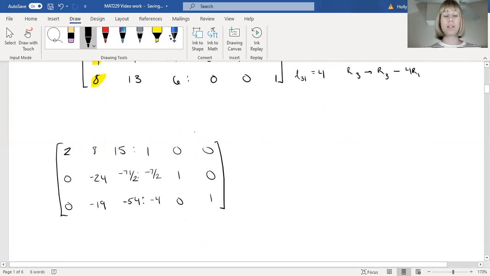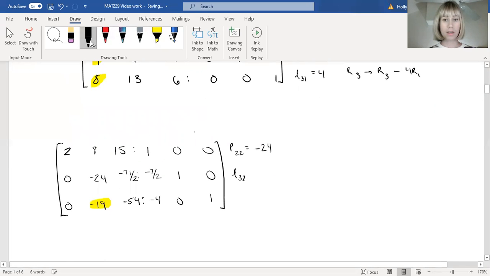Now we continue along our path. The goal right now is to reduce this into upper triangular form. So now we have to eliminate 19. Our second pivot that's going to help us with that is negative 24.